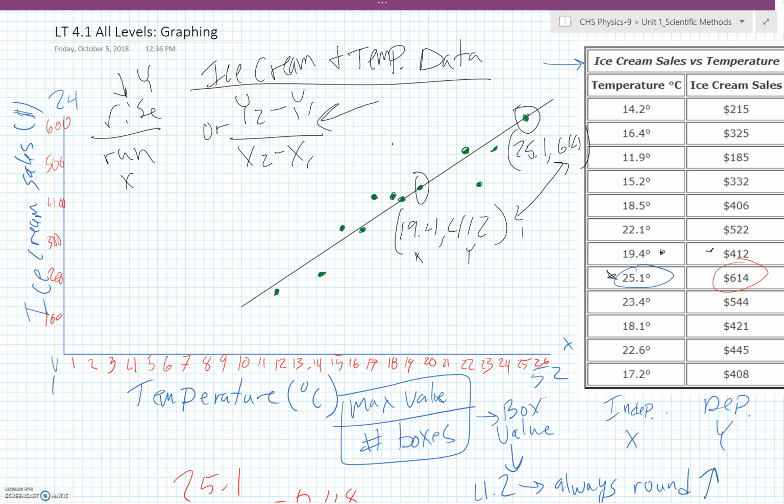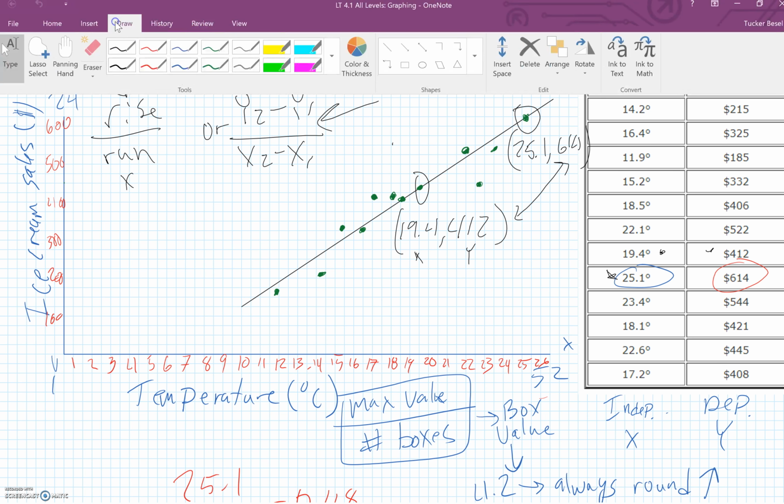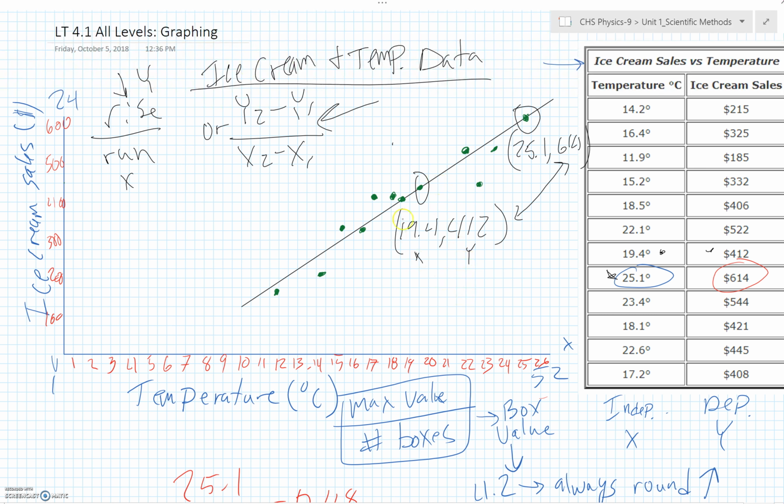To do this, as you've been taught in your math classes, you need to identify which ordered pair is which. I'm going to call my first one 1 and my second one 2. You can call the first one 2 and the second one 1. It does not matter as long as you're consistent. So I'm going to label my points. This first one, since I decided this was going to be 1, I'm going to call x1, and this one is y1.